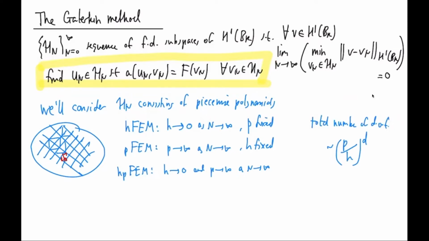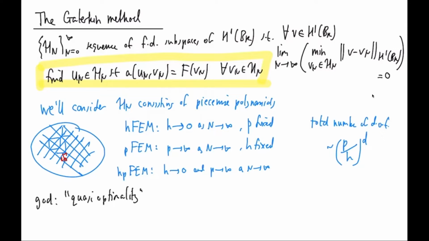And what's the goal? Well, the goal is for the sequence of solutions that you compute. You're given your sequence of subspaces, you get a sequence of solutions, and you want these solutions to be quasi-optimal.